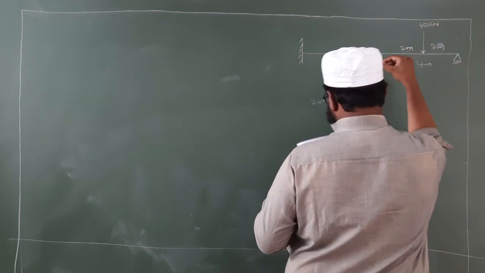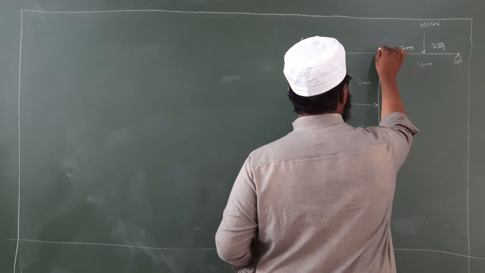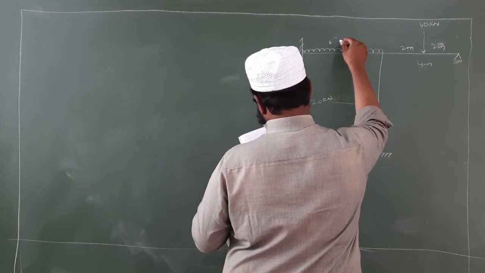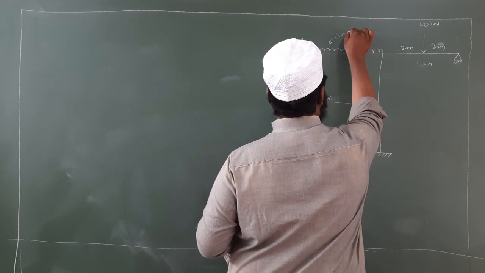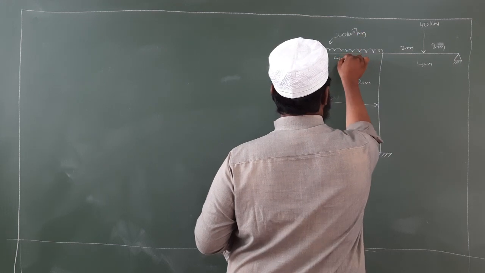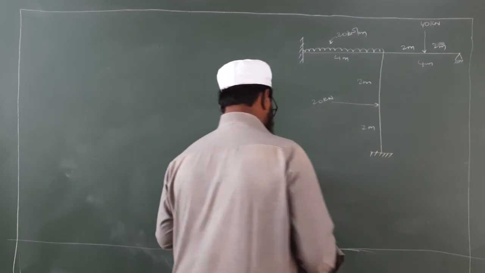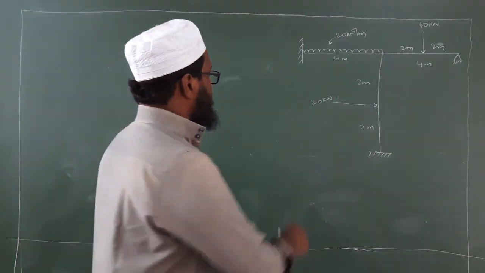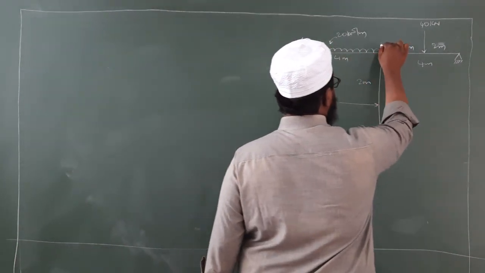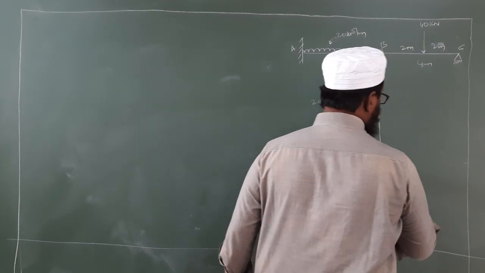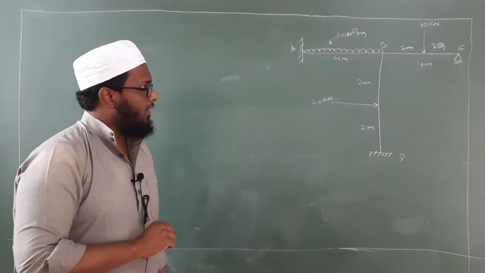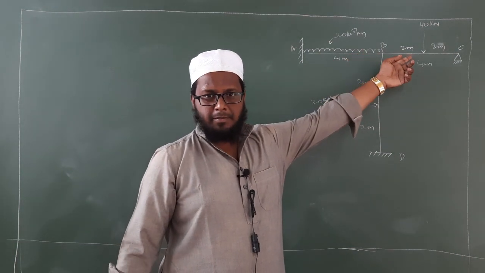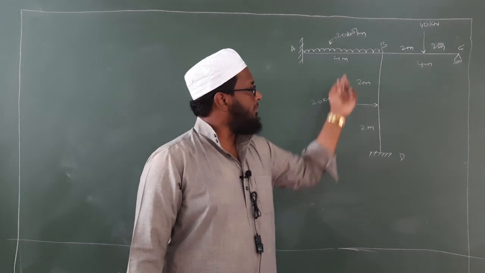This is also 2 meters, and here we have a UDL of 20 kilonewton per meter, and this is 4 meter. All are EI. So this was A, B, C and D, isn't it? So now we will calculate bending moment for span AB, bending moment for span BC and bending moment for span BD.